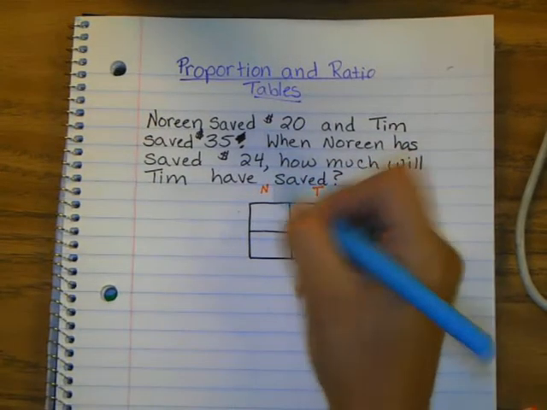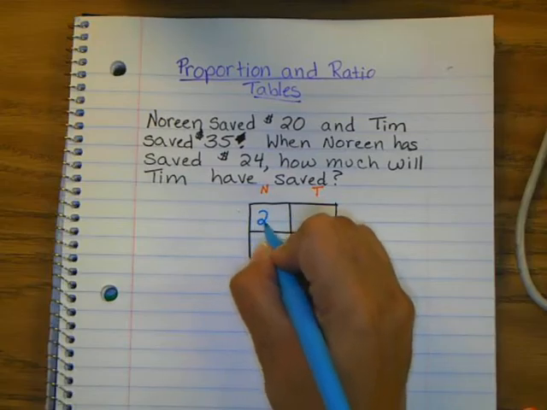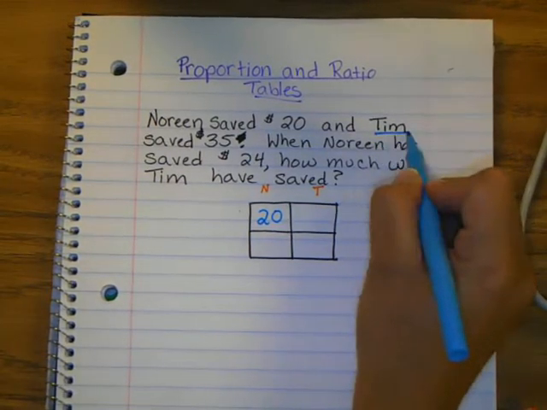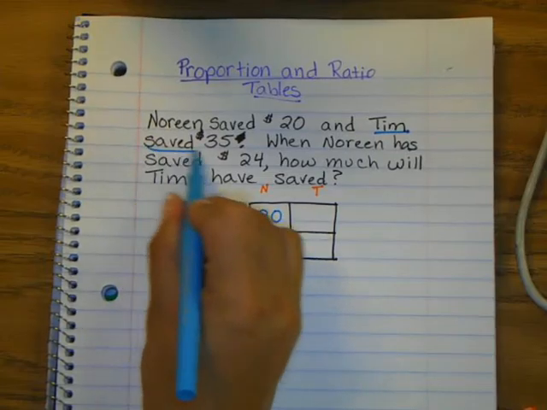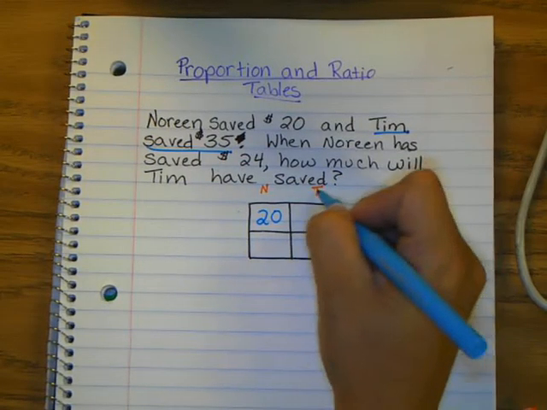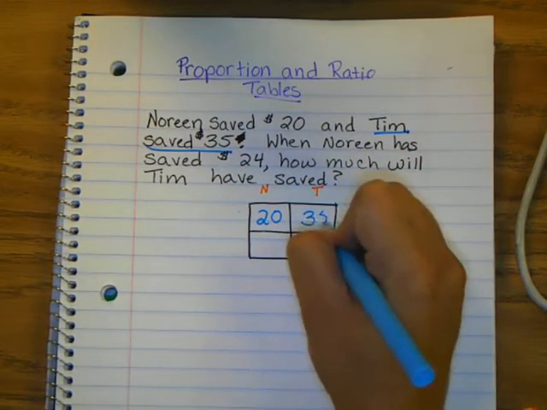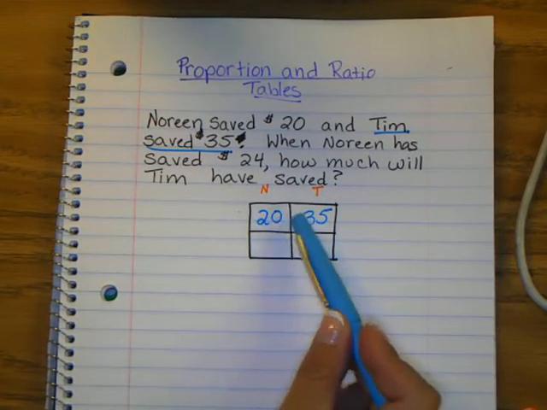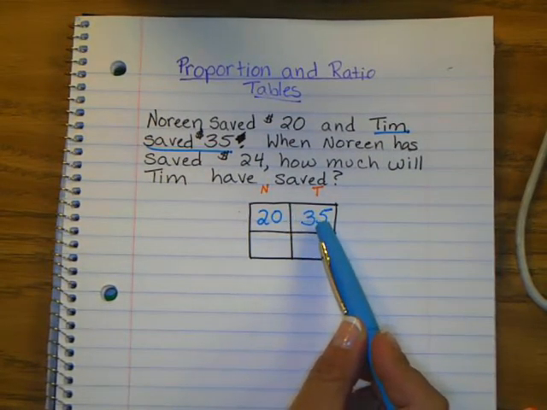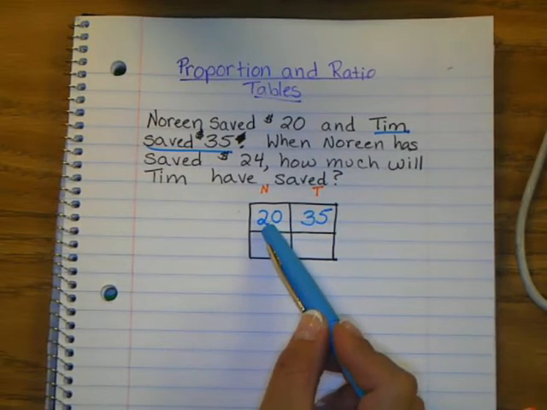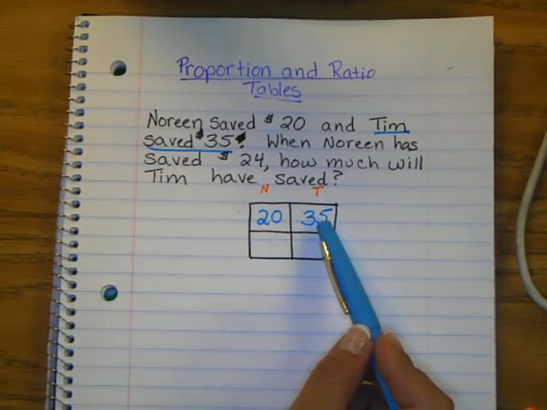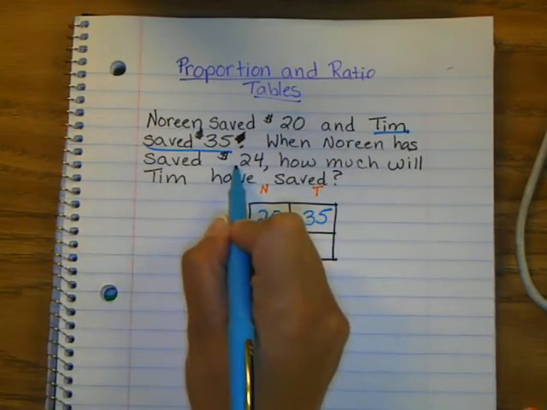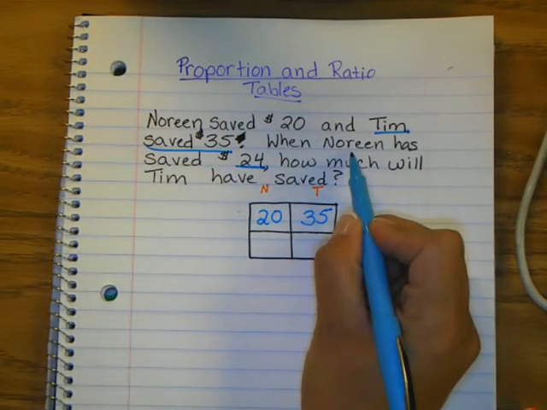From the problem, I know Noreen saved $20, right, guys? So in the first row under Noreen, I'm going to put 20. I also know Tim saved $35, so under T, I'm going to put 35. Our first ratio is 20 to 35. We know that Noreen saved 20 and Tim saved 35, right?